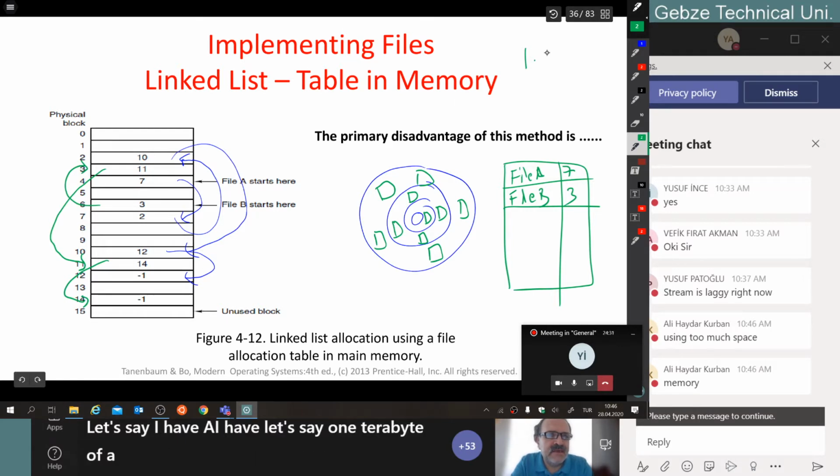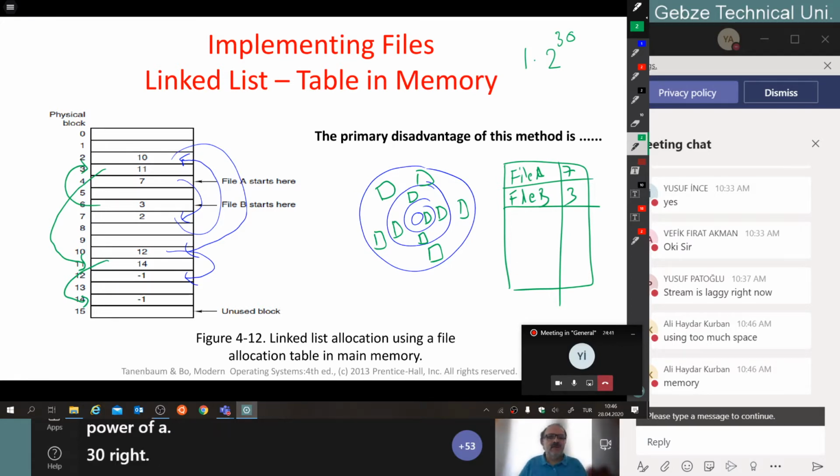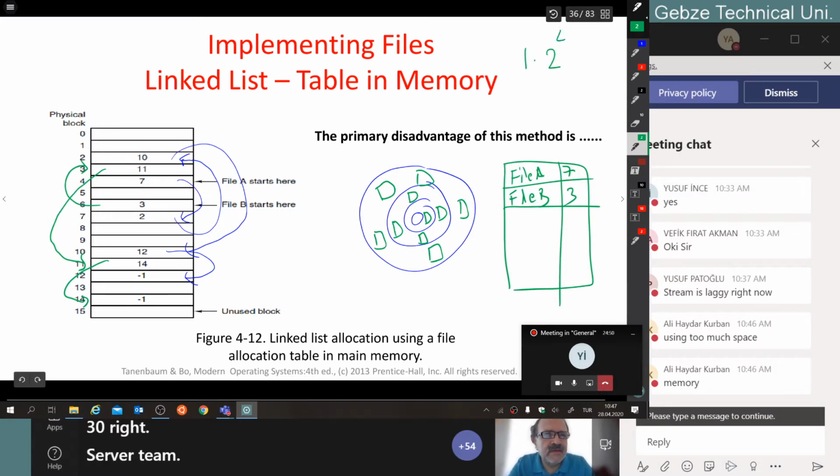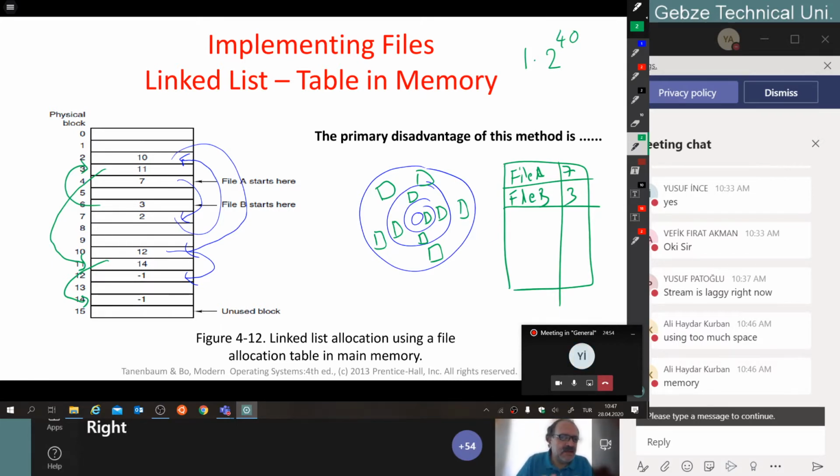That means I have 2 to the power of 30, right? Bytes on my disk. No, is it 30 or 40? Kilo, mega, giga, and tera. Yeah, 40. So I have 2 to the 40 bytes on my disk.